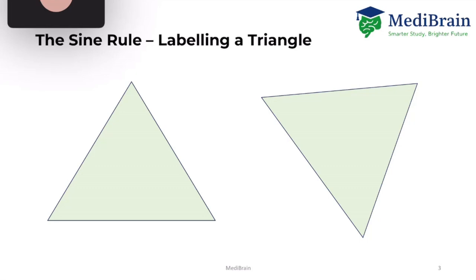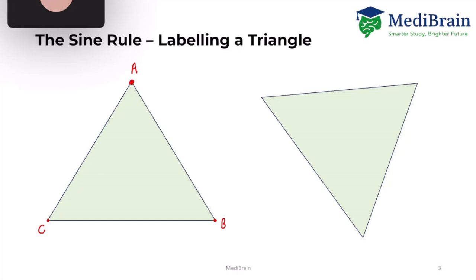First thing first, you're going to label each corner with a capital letter. So you're going to label one capital A, the other one capital B, and the other one capital C. The corners are always going to be labeled with capital letters. Then the sides are going to be labeled with lowercase letters. This is the side which is opposite to the corner.